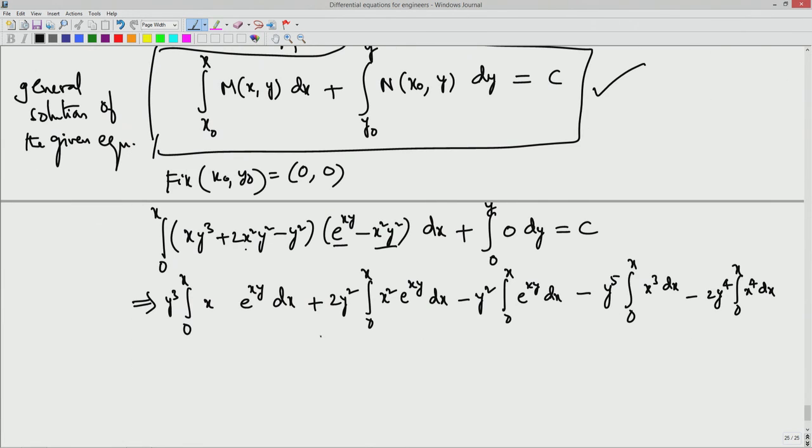It's not yet over, so you have plus y power 4 integral 0 to x x square dx equal to constant. So these are the integrations which you can do.